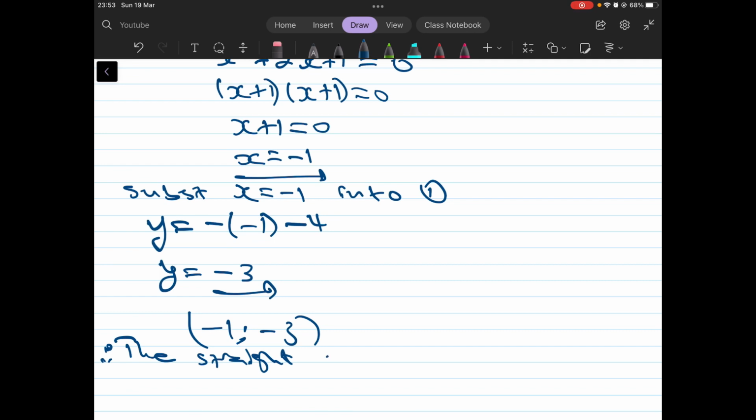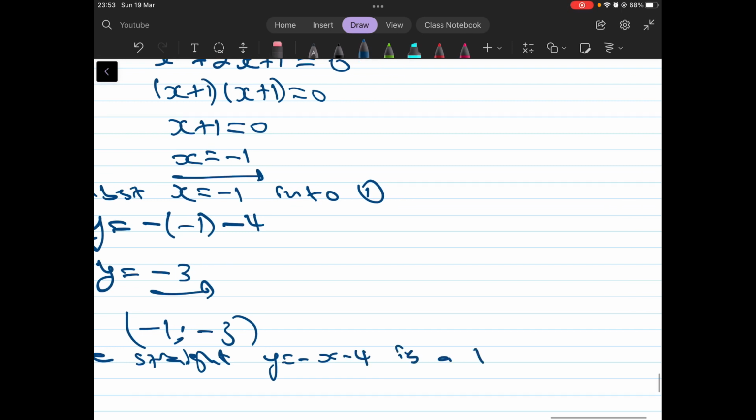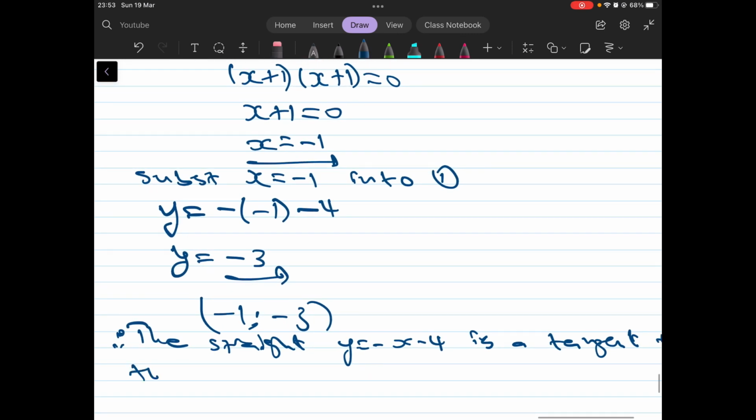Therefore, the straight line y equals minus x minus 4 is a tangent to the circle. To which circle? This circle, which is given by this equation.